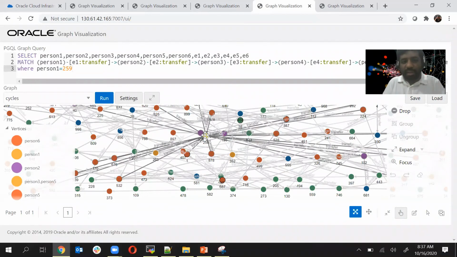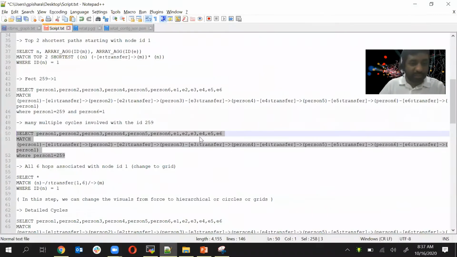We just tried fetching the shortest path connecting that particular ID 259, but we can also see a hidden pattern that 259 is in fact involved in many multiple cycles as well, other than the 6-hop that we selected.